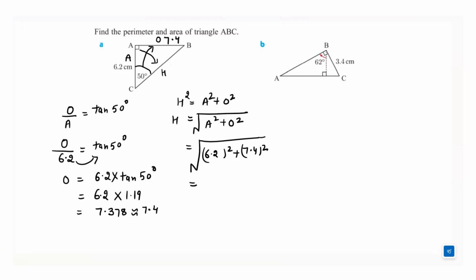Now 6.2 square means 6.2 into 6.2, which is equals to 38.44, plus 7.4 square means 7.4 into 7.4, which is equals to 54.76. So when we will add 38.44 with 54.76, we'll get it equals to 93.2.